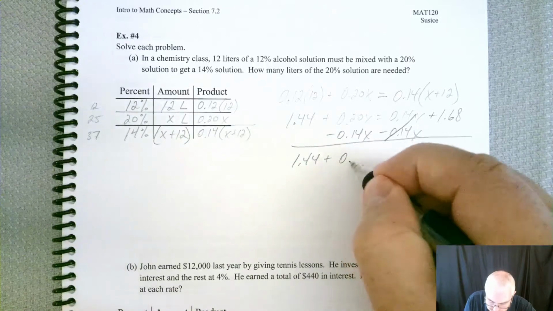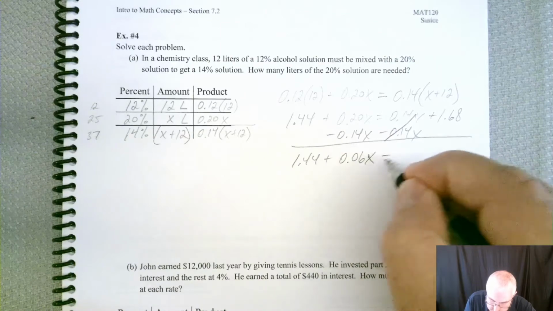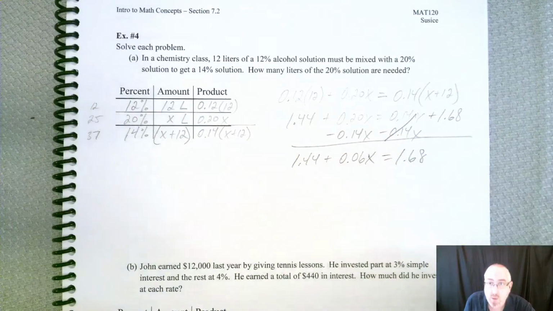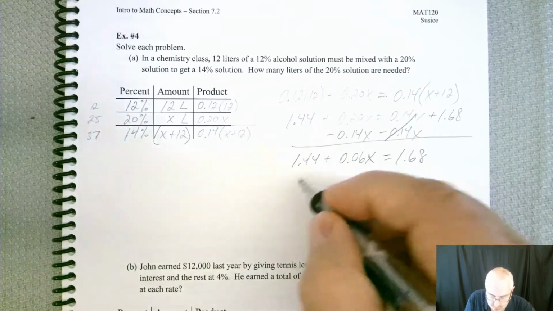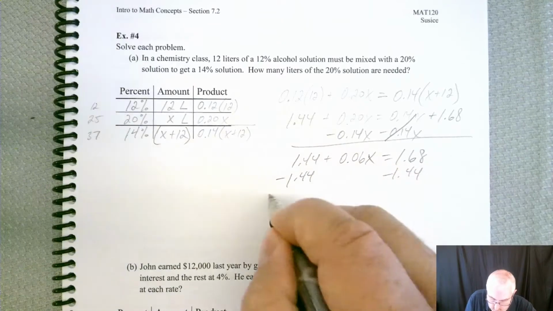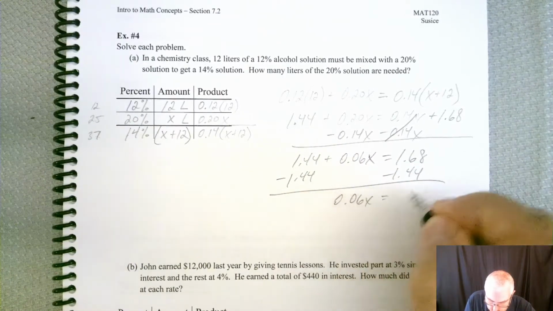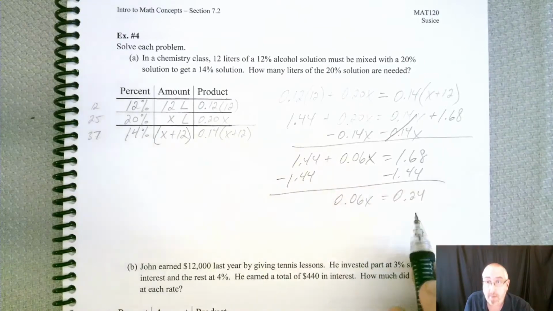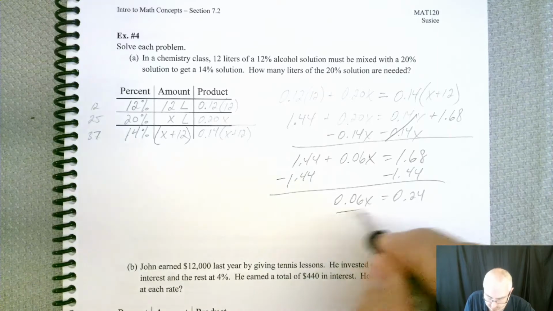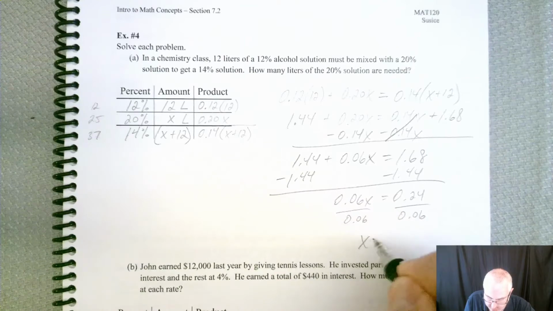Well, that better be 0.06x equals 1.68. All right, now we can get rid of the 1.44. So we have 0.24. And now the last step is to get rid of that 0.06, which we can do by dividing.